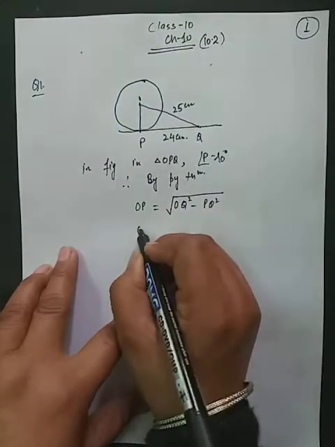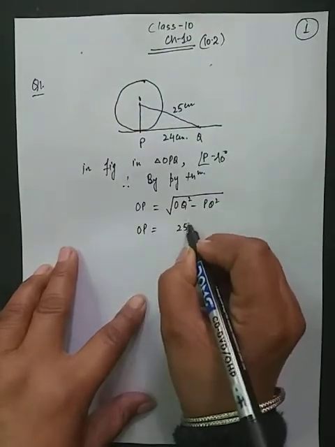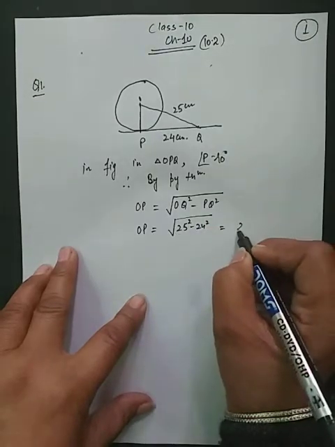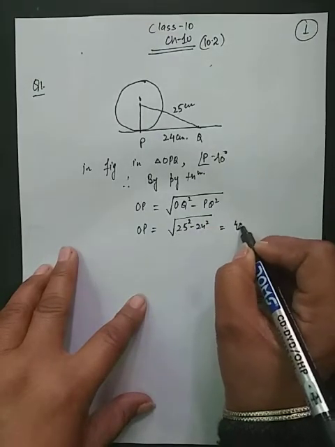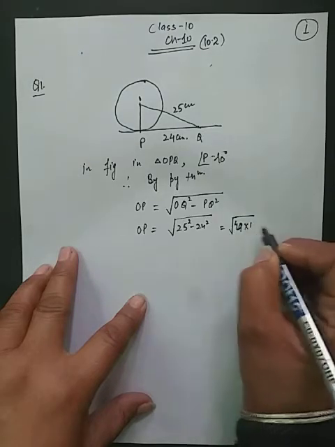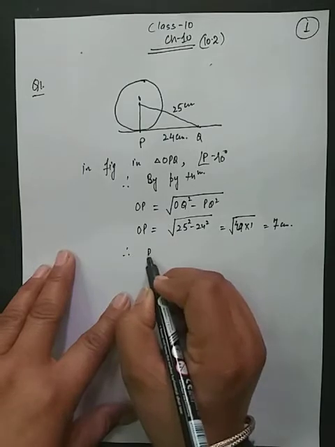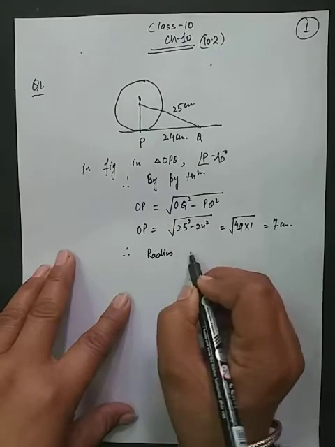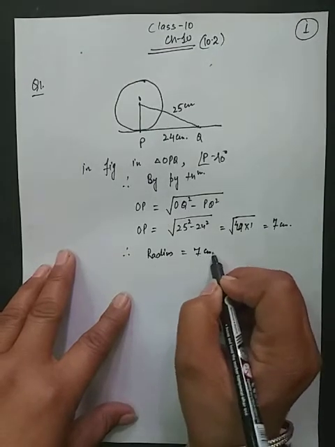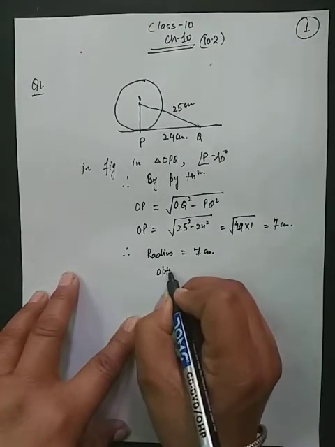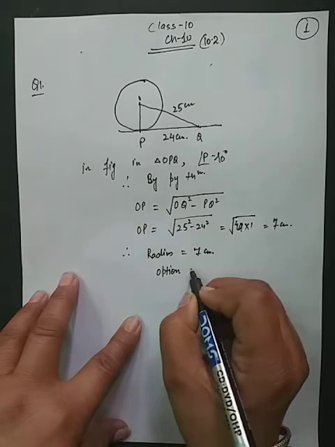And it will be under the root 25 square minus 24 square. So it will be 7 centimeter. So therefore, radius is equal to 7 centimeter and correct option is A.